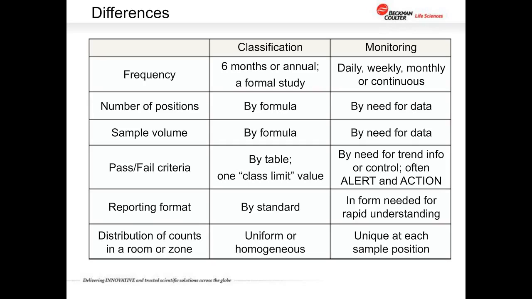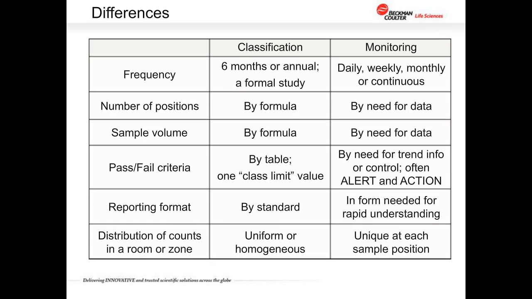One of the key differences with monitoring is that each sample position has some unique characteristics, and it doesn't necessarily relate to the rest of the zone. You could have one position that's extremely clean, maybe even located in front of or underneath a filter area, whereas you may have another one where operations occur or people pass by, even though it's in the same considered zone or room. It will have a different characteristic or signature of counts of particles in the air.